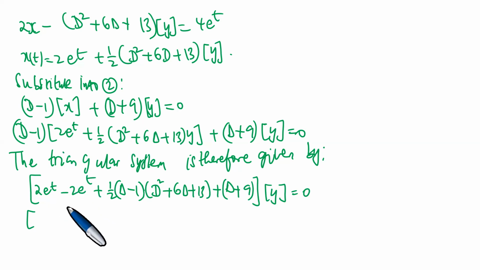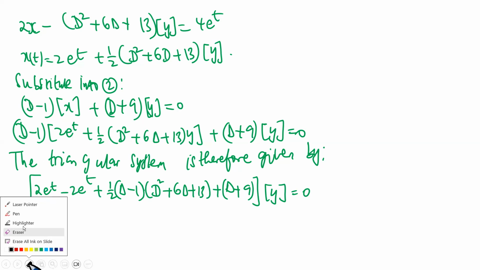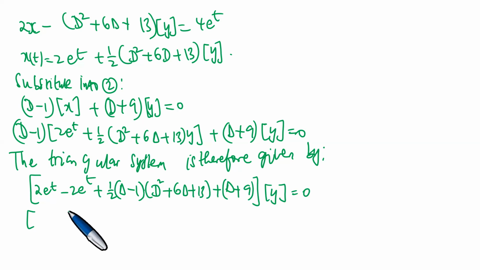Okay, 2e to the t cancels out. And then we shall have this here. So we continue to have the following here.